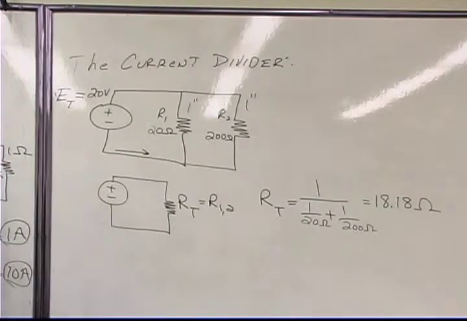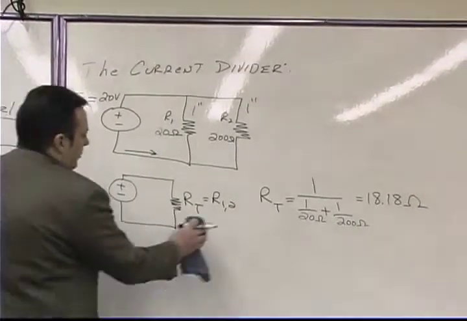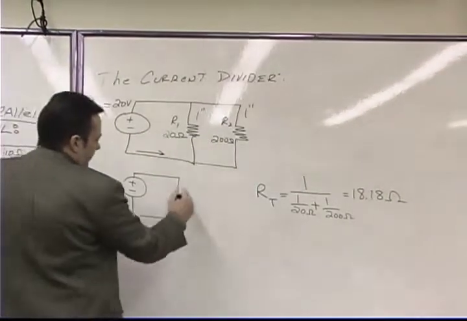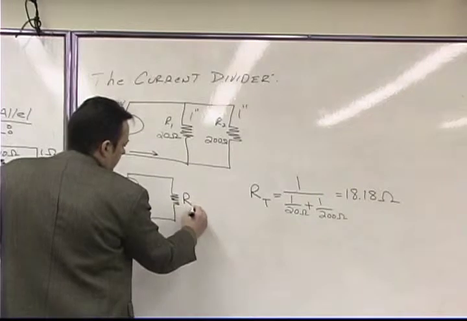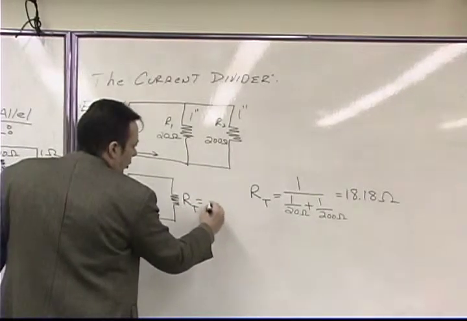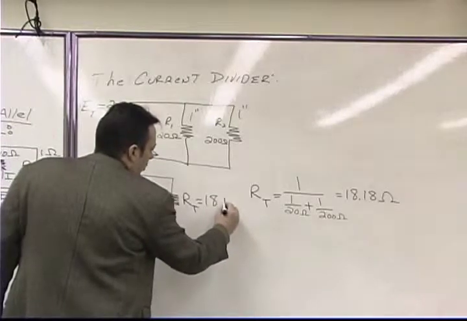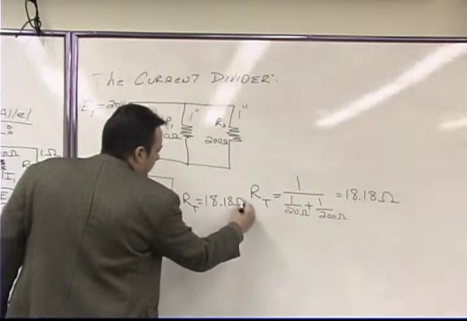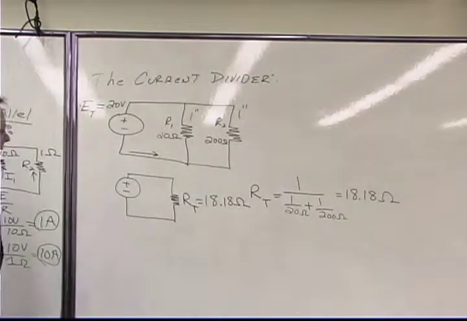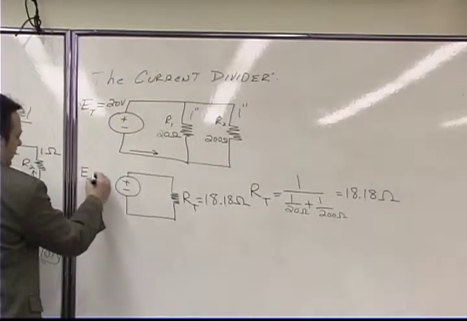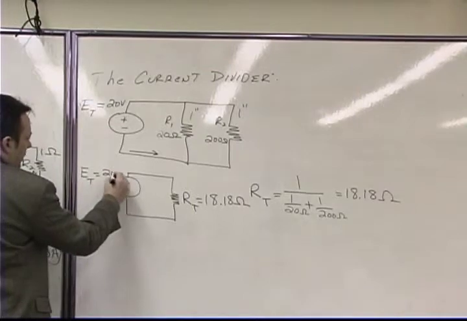So then if I come back here and I erase my writing and I put that the total equivalent resistance is 18.18 ohms, and that the source voltage is equal to 20 volts.